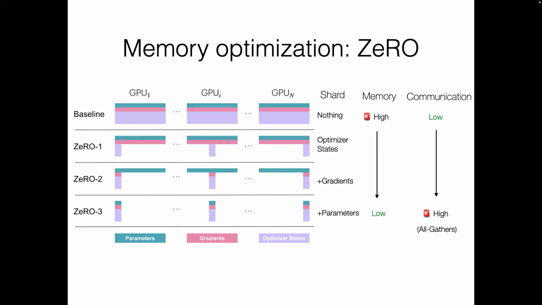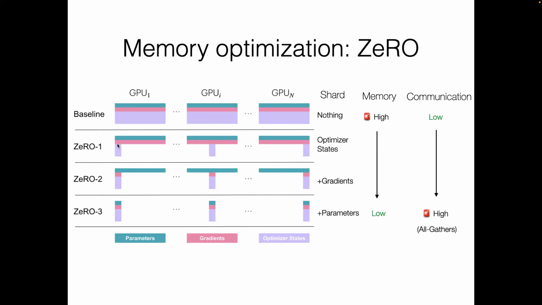So there are different levels of ZeRO. ZeRO stands for Zero Redundancy Optimizer. And again, the observation is that if we just make copies across multiple GPUs, then there's somehow redundancy in what's being stored.